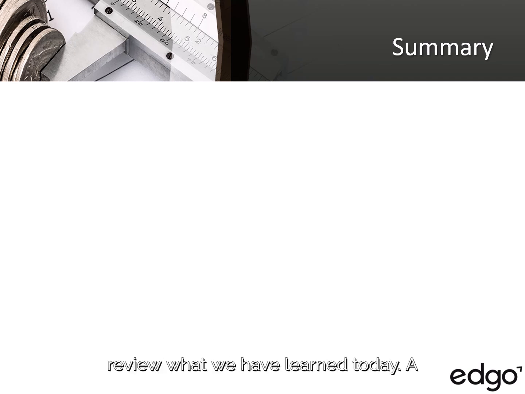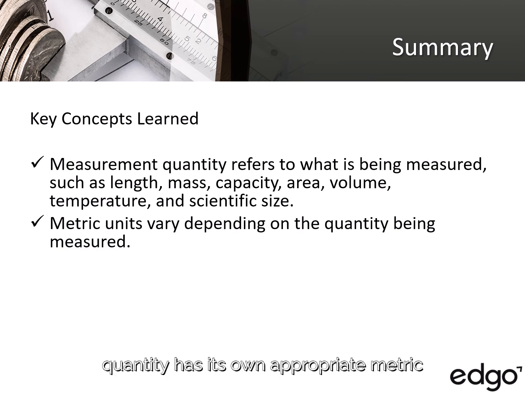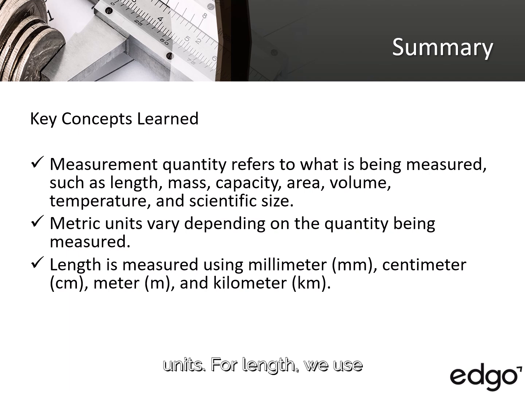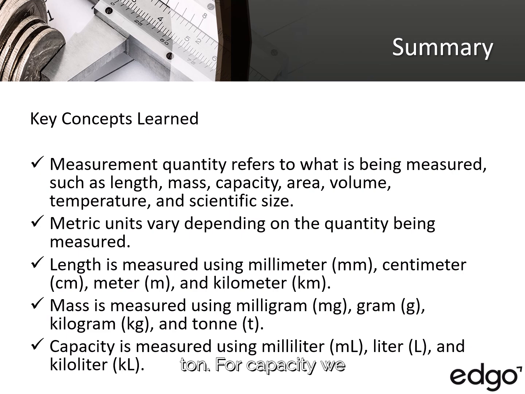Let's review what we have learned today. A measurement quantity tells us what is being measured, such as length, mass, capacity, area, volume, temperature, and scientific size. Each measurement quantity has its own appropriate metric units. For length, we use units such as millimeter, centimeter, meter, and kilometer. For mass, we use milligram, gram, kilogram, and ton. For capacity, we use milliliter, liter, and kiloliter.